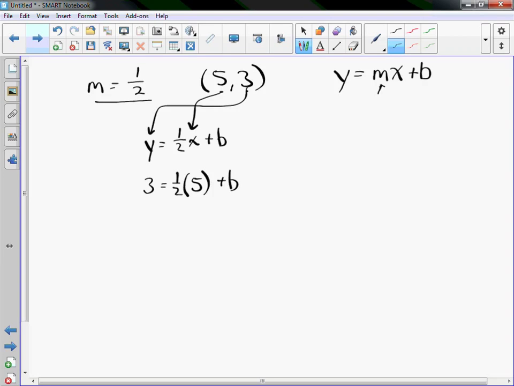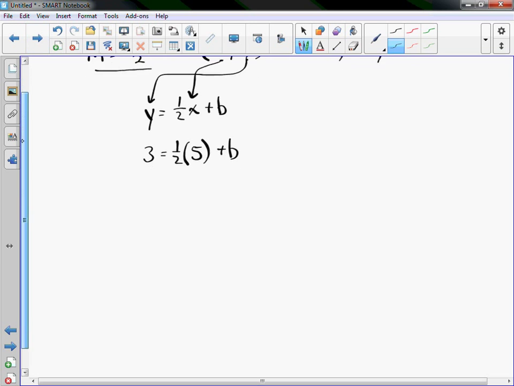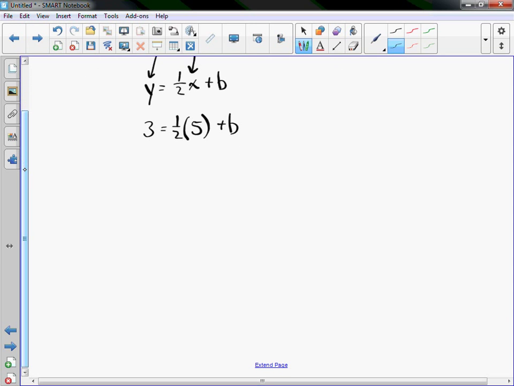This gets a little sloppy. It's got a fraction in there. So 5 times 1/2 is 5/2. And then I need to subtract 5/2 from both sides. 5/2, what is that? 2.5. So 3 minus 2.5 is 1/2.